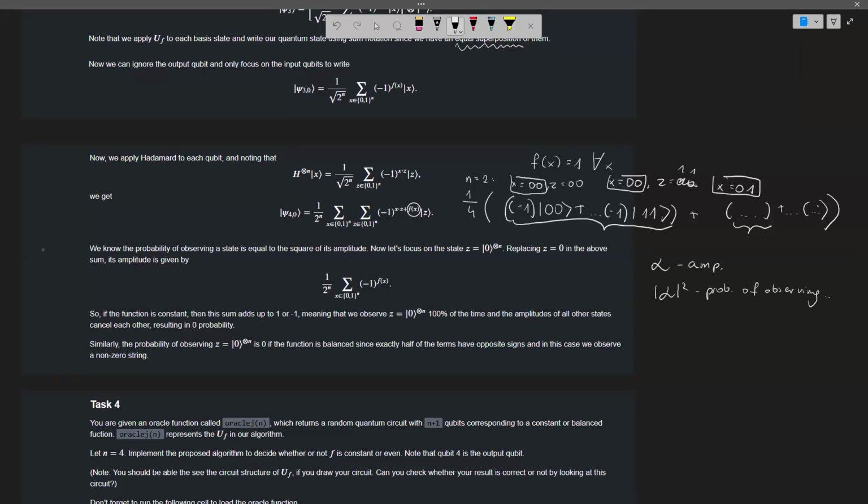So if we have z, which we see 0 n times, if we replace z equals 0 in this sum, then the amplitude will be given by, so z is equal 0 to the n.